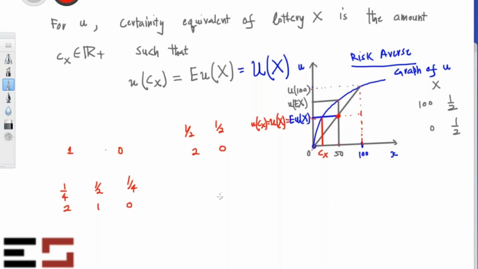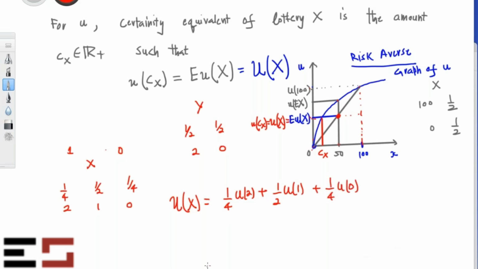Let's call this X, let's call this Y. What is the satisfaction level associated with X? It is 1/4 U2 plus half U1 plus 1/4 U0.